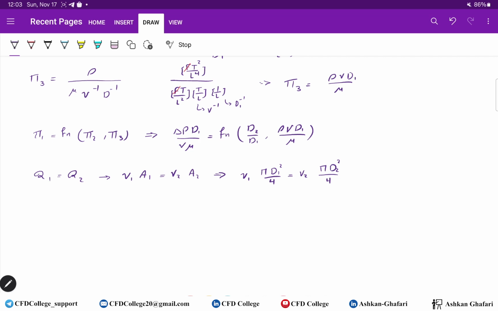So actually by having V1, d1 and d2, we have V2. So it's not an independent variable. It depends on those three. That's the reason we can't assume that as an additional variable.